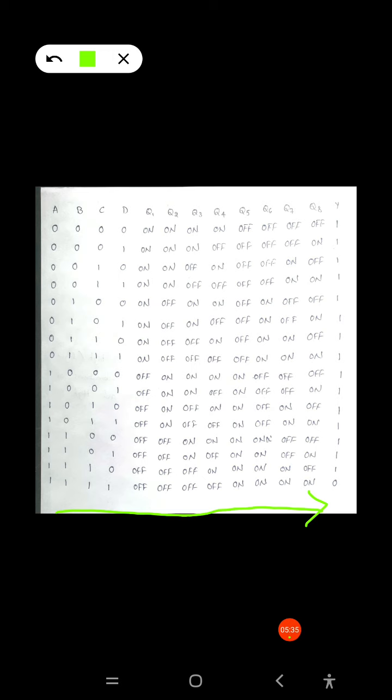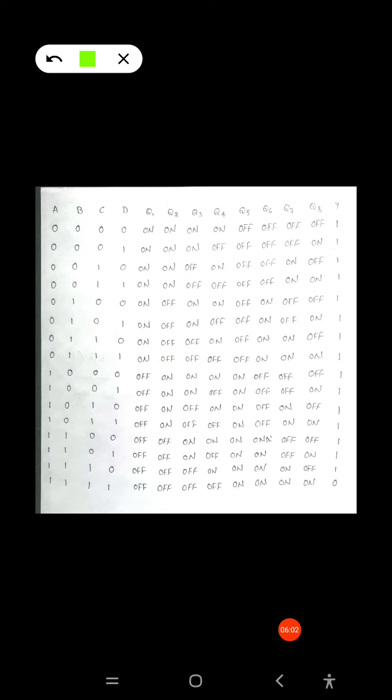Already I told you, for all the combinations the output is high, all are ones here, and only if all the inputs are high the output will be 0. This is the truth table for the 4 input CMOS NAND gate.